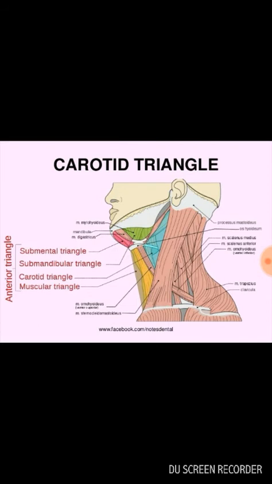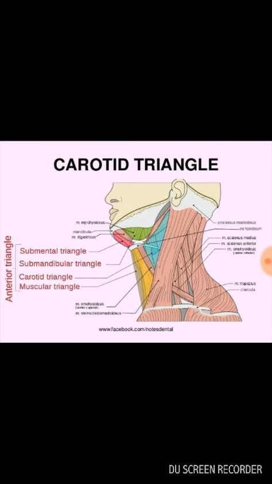External carotid and internal carotid lie side by side. Forming the roof of the carotid triangle is the superficial fascia, platysma, and deep fascia. As you remember, the platysma originates from the supraclavicular and infraclavicular regions, and then it splays like a fan right up to insert into the muscles of the face.